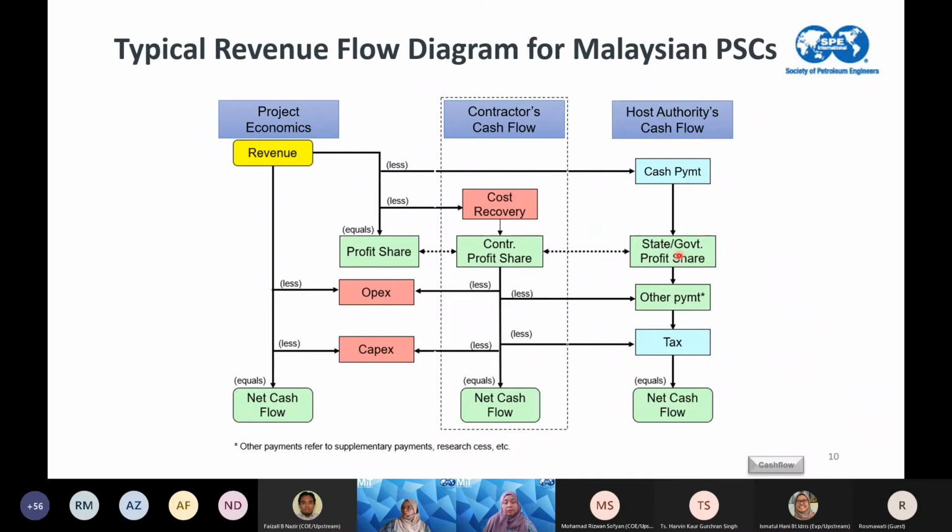Any profit share from the pie is also a share of cash in for the host authority. Any payments made to the host authorities, like supplementary payments, and tax. Different bodies, like I said, are collecting all these things, but from an investor's point of view, they all go into the government of Malaysia. So all this then is the net cash flow for the host authorities.